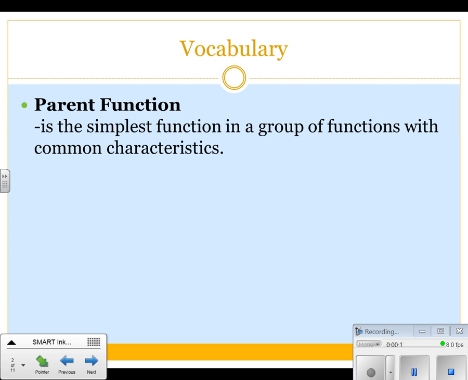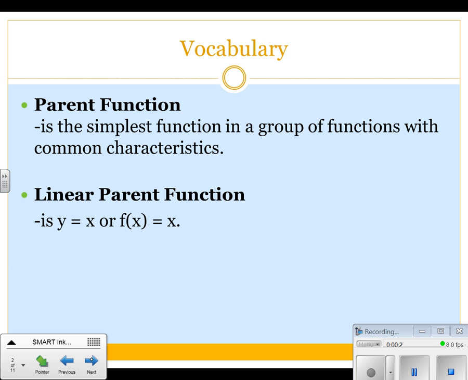A parent function, and all of the functions we will be looking at the remainder of the year, is the simplest function in a group of functions with common characteristics. For a linear function, the parent function is y equals x, or f of x equals x.